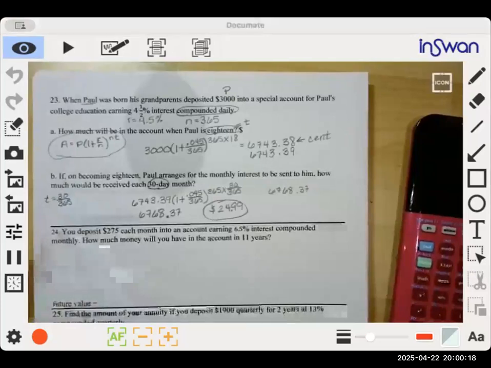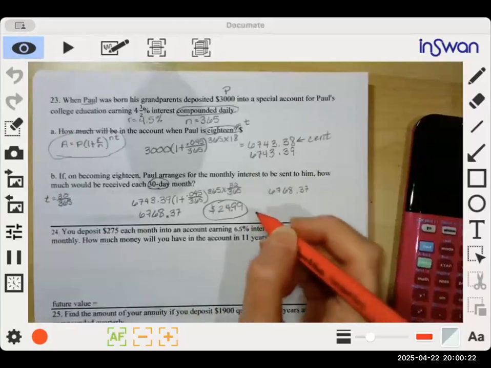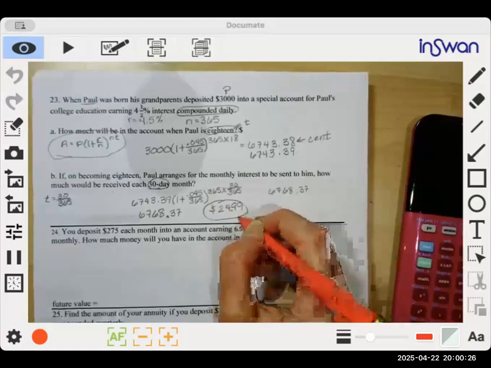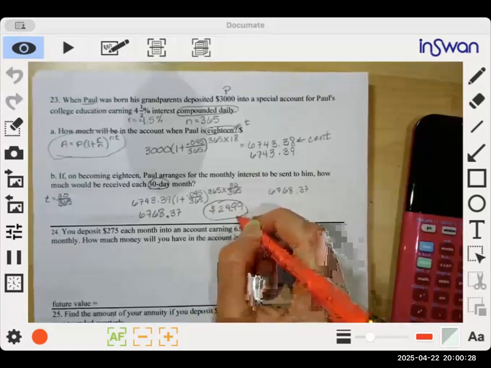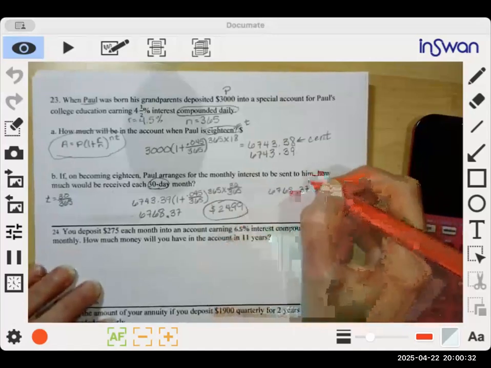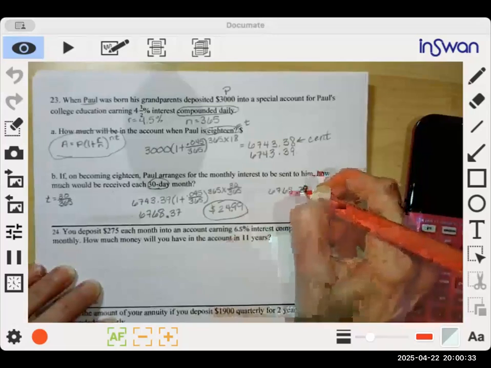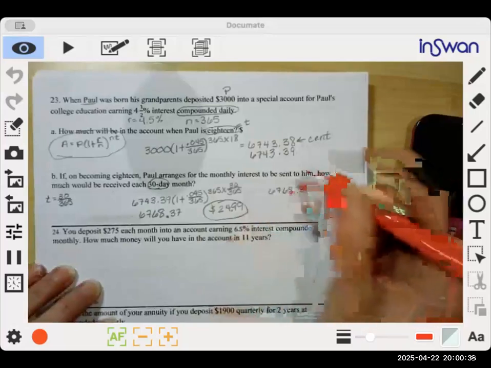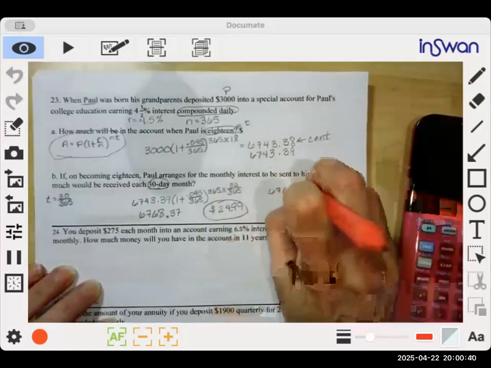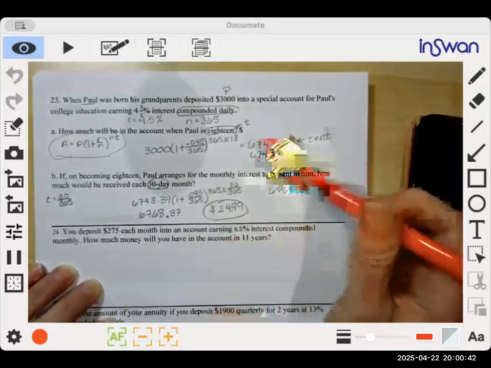Can we go back to what was the answer for B? The $24.99. If it's helpful, I can talk through how I entered it and see if you guys come up with $24.99.